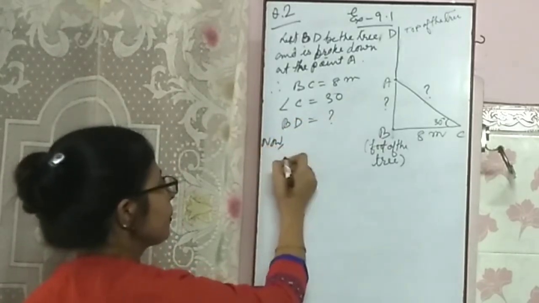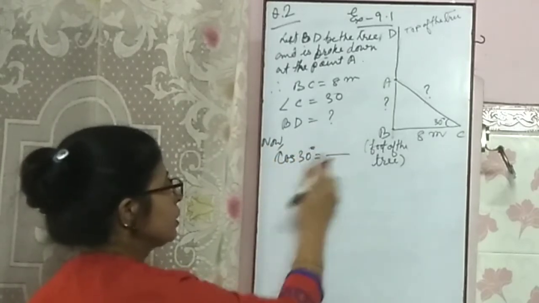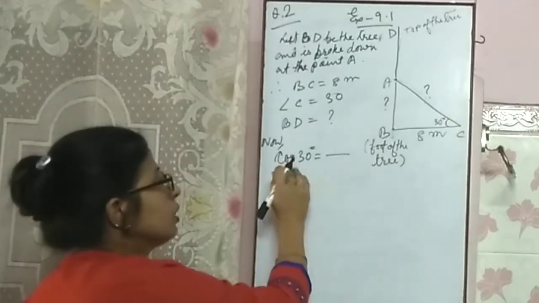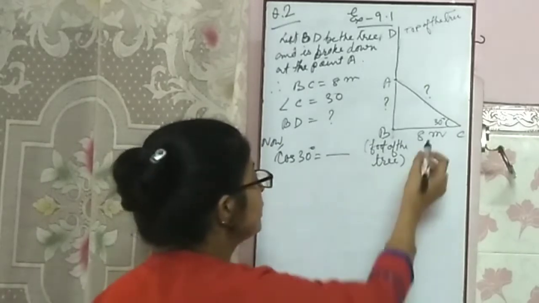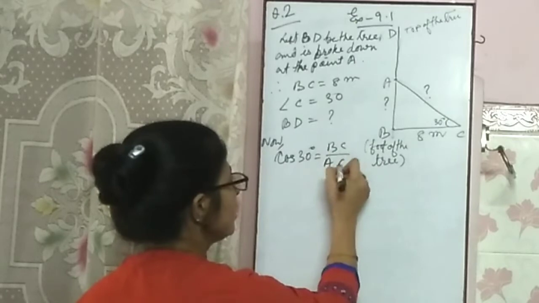Now, first of all, we will use cos 30. This is the main part of the sum, how you will start. Once you get the formula, it is very easy. So that means BC by AC.